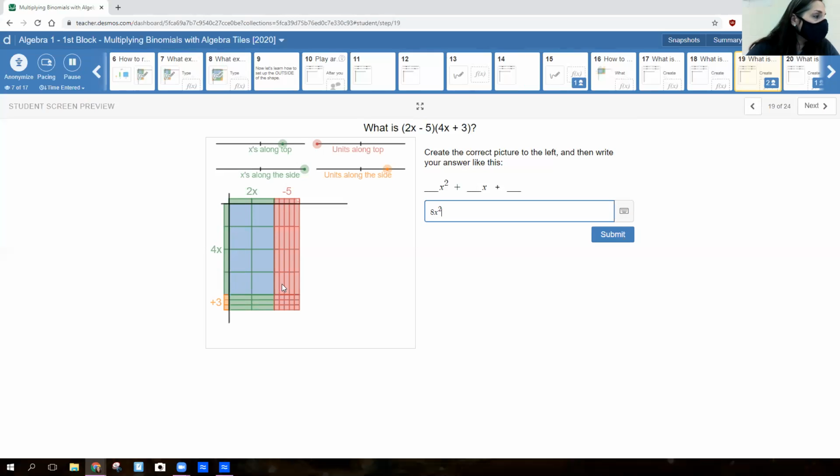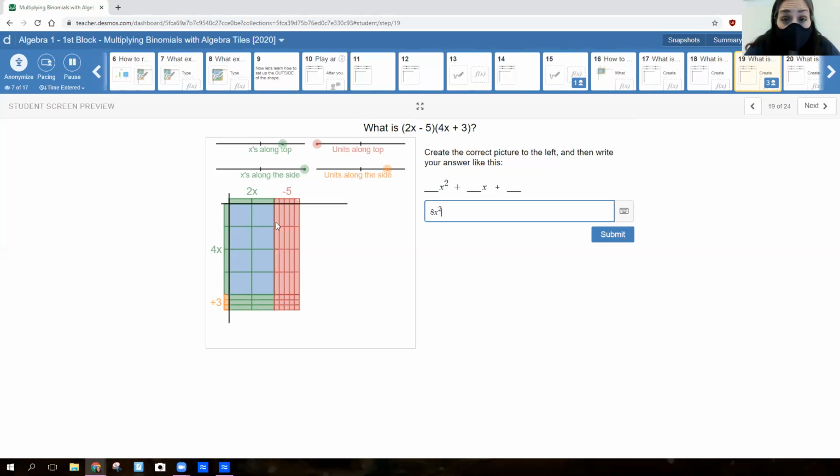So there's 1, 2, 3, 4, 5, 6. Any 6 red ones will cancel out with the 6 green. You're left with 1, 2, 3, 4, 5, 6, 7, 8, 9, 10, 11, 12, 13, 14.